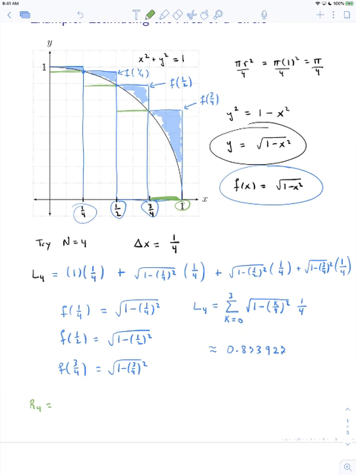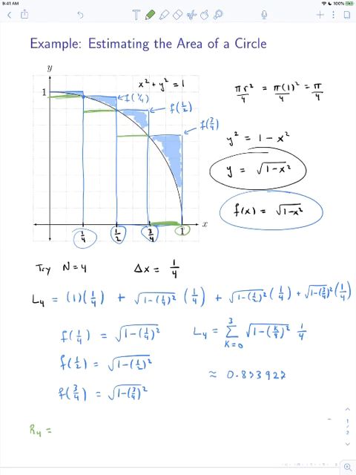Well, again, all of these have width 1/4. And so all of their heights are determined by the function values. The first one has height f at 1/4. So I'm just going to write down f at 1/4 for the time being. And this, of course, is multiplied by delta x. So let's just write delta x, just to make it easy.